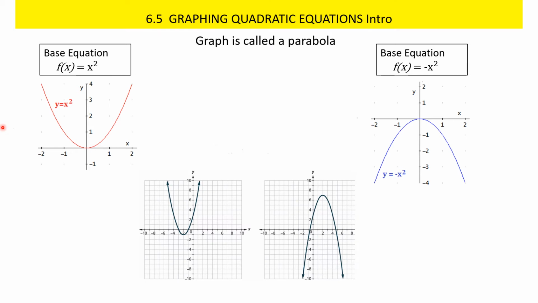When you're given a problem and asked to graph the equation, what you're going to do is take one of these base equations, draw it here on the axis, and shift this point over to where the equation they're giving you states. Now, there's no calculation in this.